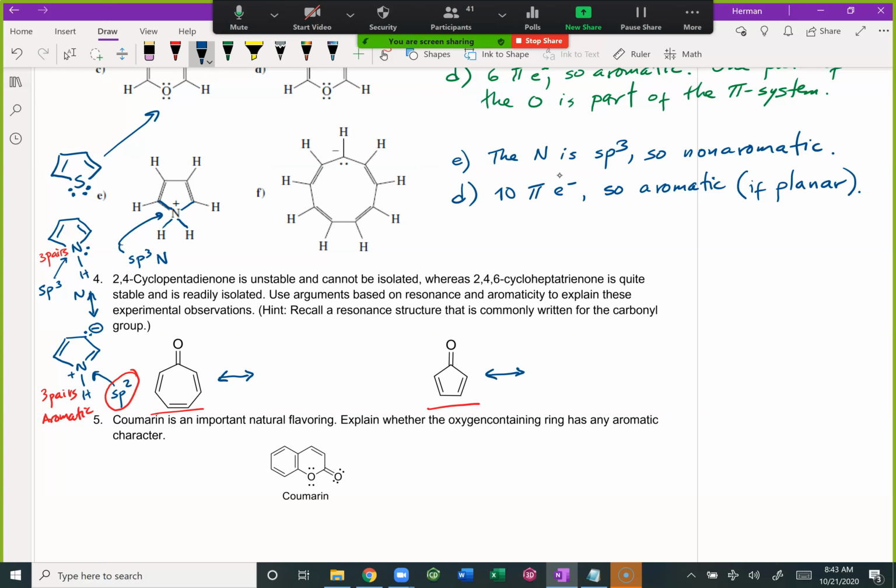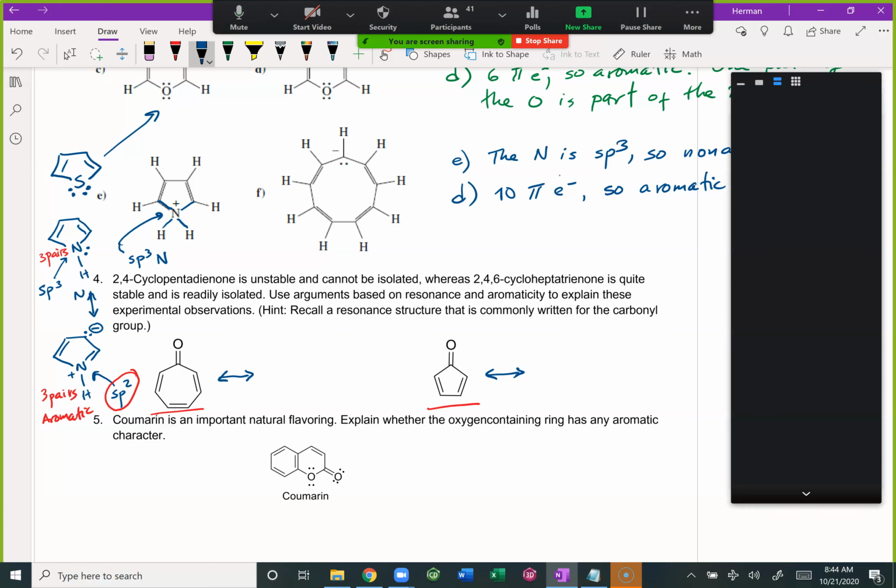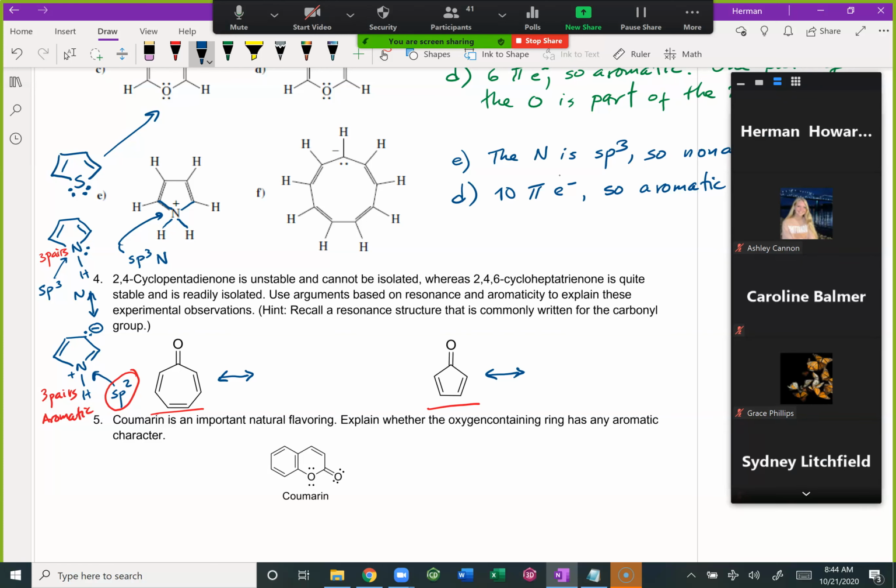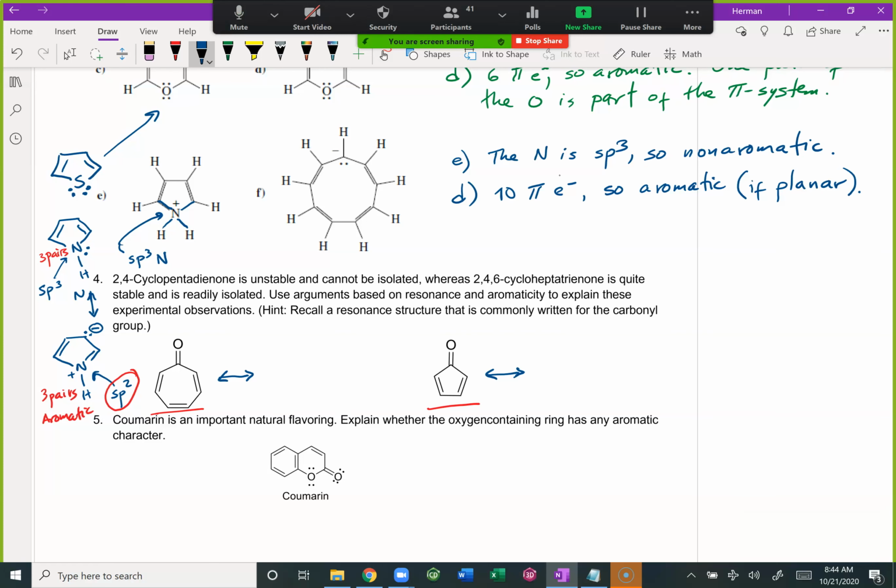I'm going to look for the resonance structure and then find out from it why the molecule on the left is stable. Stable means it will be aromatic, right? Because I don't see any sp3 carbons. And unstable means it will be anti-aromatic.